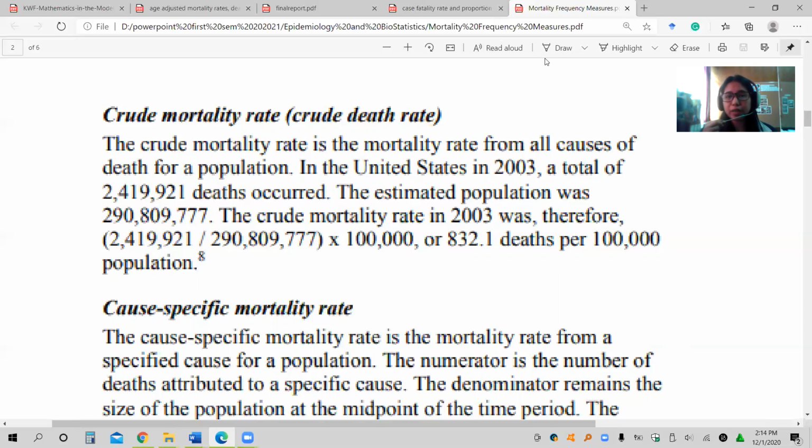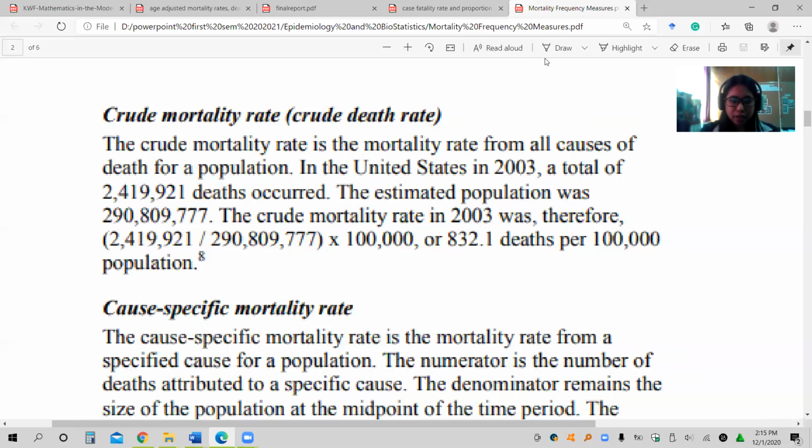So for crude mortality, what you need to do is to have the data of the total number of deaths and also the total number of population. So if you have the data for the deaths and for the population, you just need to divide that and multiply it by 100,000.